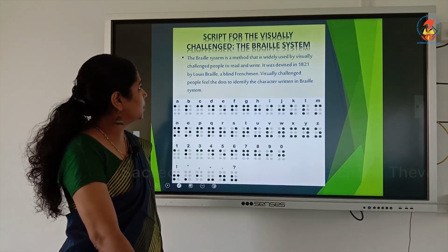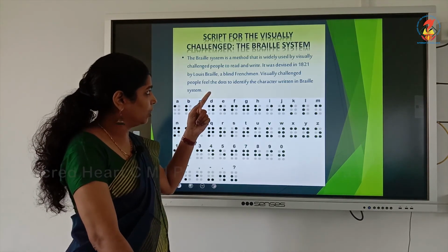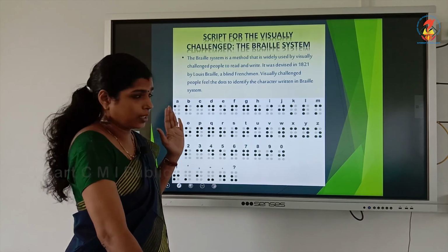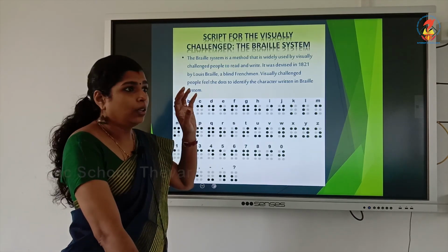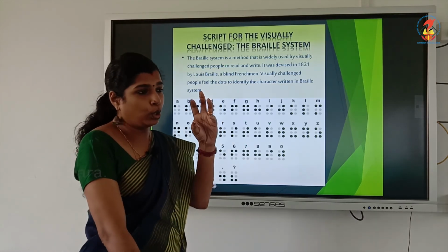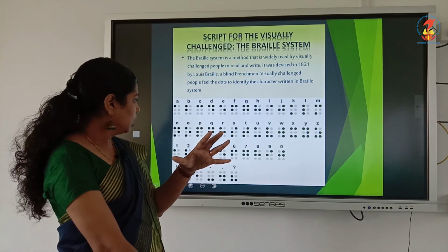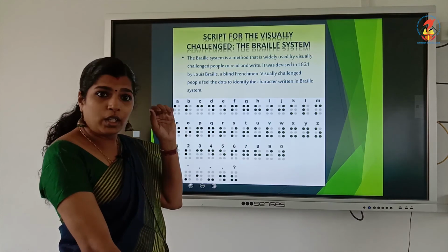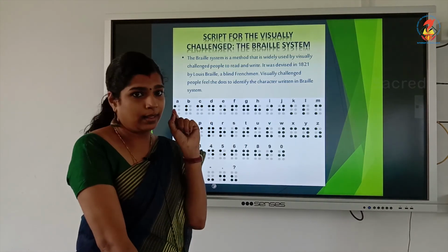Visually challenged persons feel the dots to identify the characters written in Braille system. It is a combination of 6 dots. With the help of those 6 dots, we represent the letters. So, when you touch those dots, they will be able to know which letter it is.